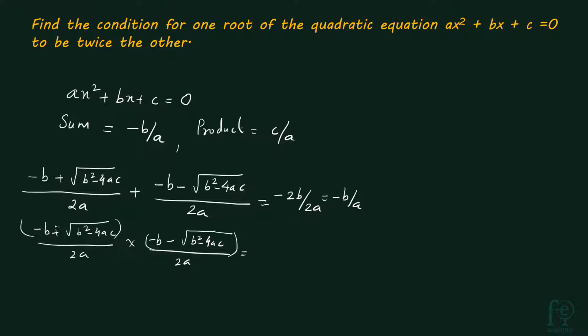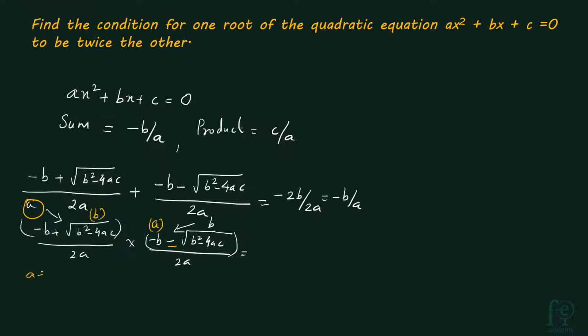So this is in the format of a plus b into a minus b, which gives us a square minus b square. Minus b is the first term and this root of b square minus 4ac is the second term. So here this is actually in the format of a plus b into a minus b, that is minus b plus root of b square minus 4ac into minus b minus root of b square minus 4ac.